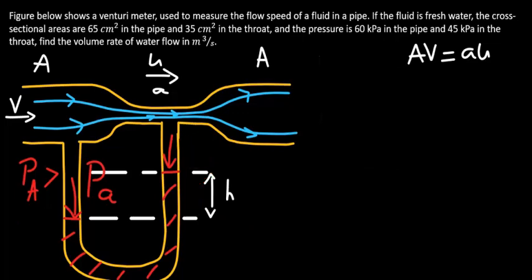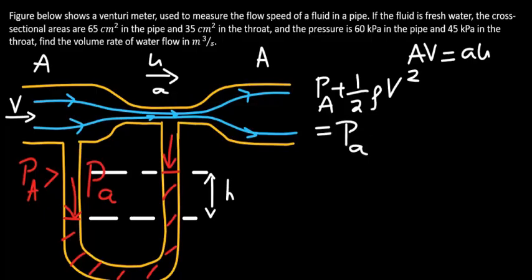So let's write Bernoulli's equation. It says the pressure at the pipe, PA, plus half times the density of the fresh water times the speed at the pipe squared equals the pressure at the throat, P little a, plus half times the density of fresh water times the square of the speed at the throat.